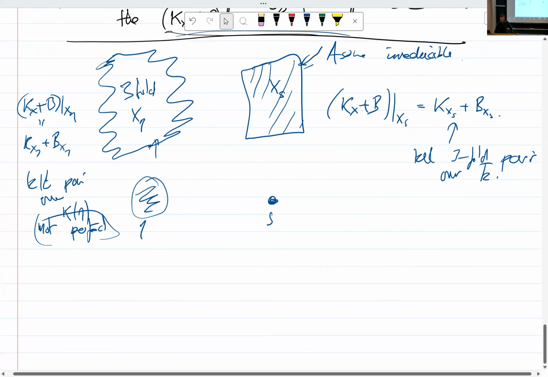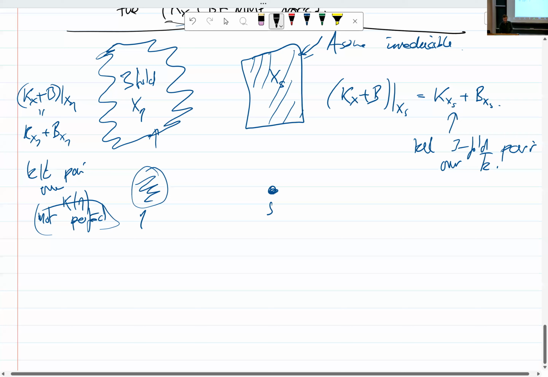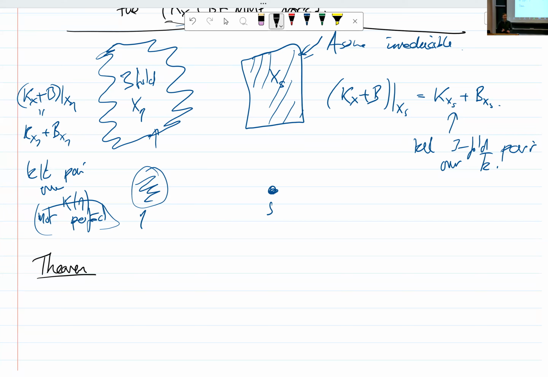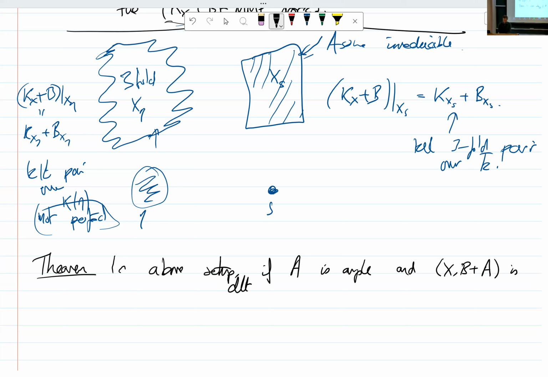And then the proof of the base point free theorem, well, let me just say, I should slightly reformulate what I called the base point free theorem. So in the above setup, if A is ample and (X, B plus A) is DLT and K_X plus B plus A, which I'll call L, is NEF, then K_X plus B plus A is semi-ample.